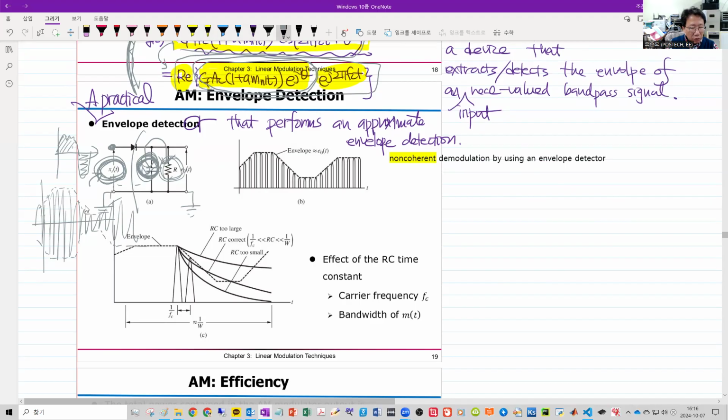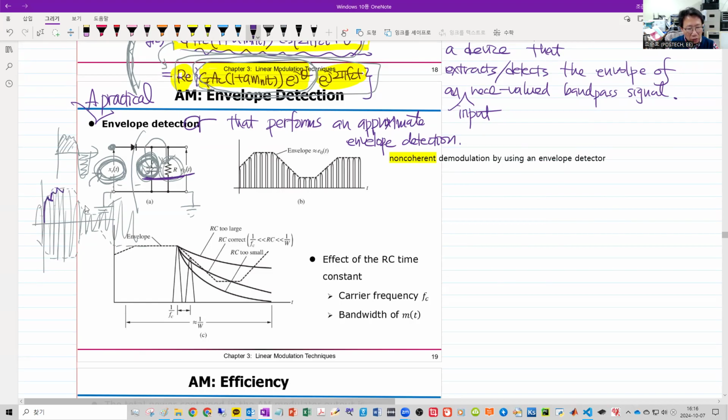If the signal goes up, the capacitor is charged, and if the signal goes down, there is an RC time constant that holds this voltage. Before this goes down, the signal goes up again.